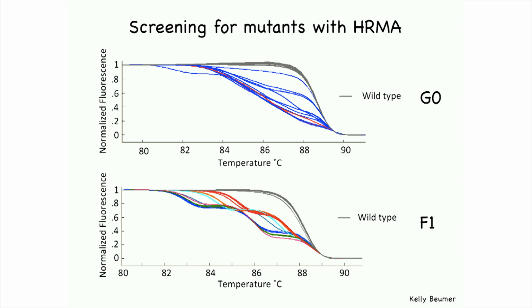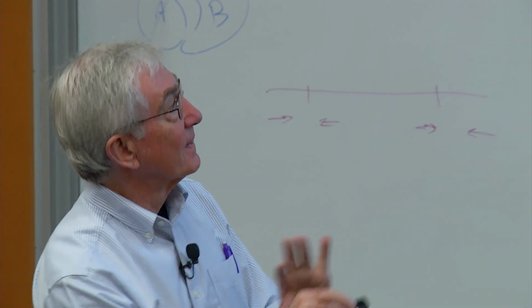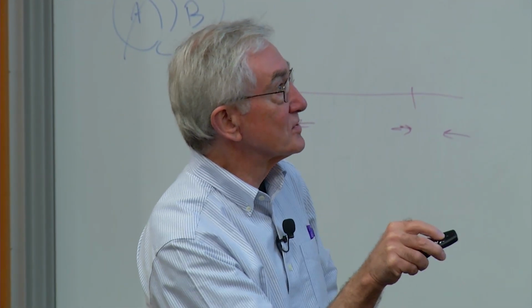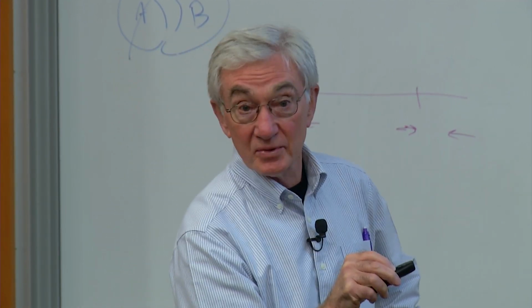And then when you evaluate individual offspring of those flies, now you get more orderly patterns because each of those is only carrying a single mutation. But still you can use this high resolution melting as a way to screen to see who are mutants and who are not.